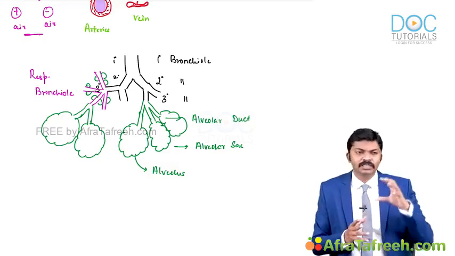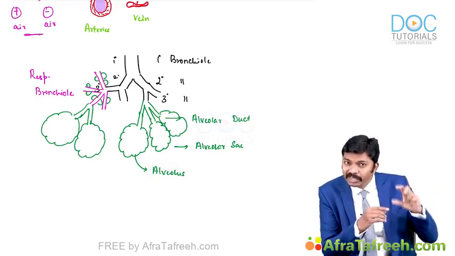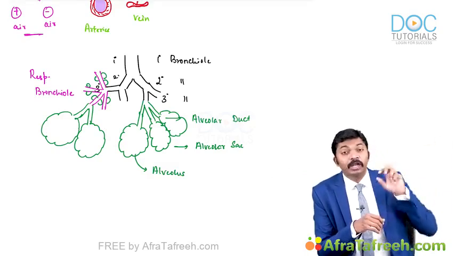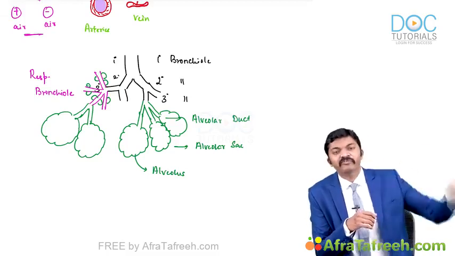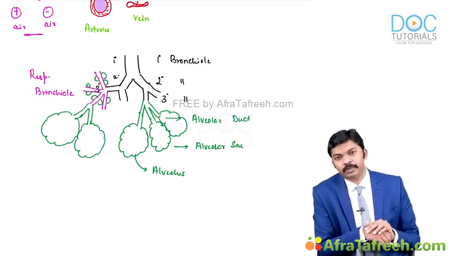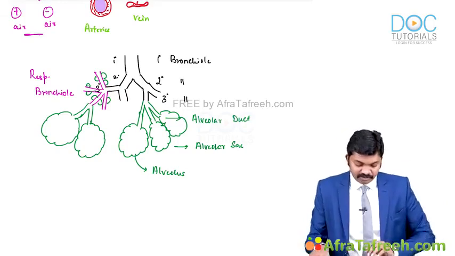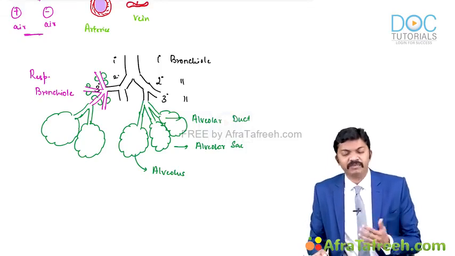Whereas certain lung units will have a tertiary bronchiole with alveoli on its wall, and those airways, those tertiary bronchioles which have alveoli on their walls, are called respiratory bronchioles. No confusion here. Fine.